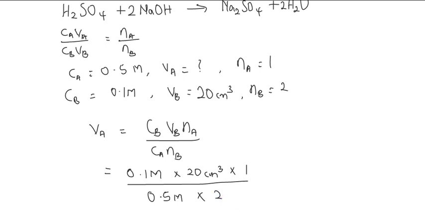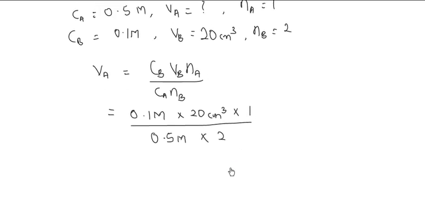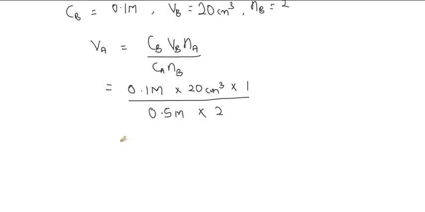So let's calculate. This gives us 2.0 cm³. That is, the volume of acid used is 2.0 cm³.